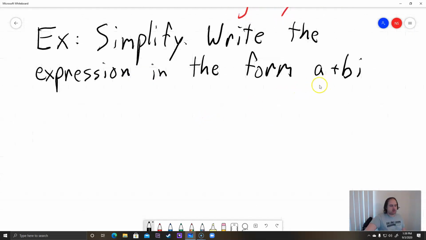And that's also called standard form. The name's not that important, but when you write a complex number as a plus bi, that's generally the way you want to write your answer. Alright, so problem number 1, example number 1.